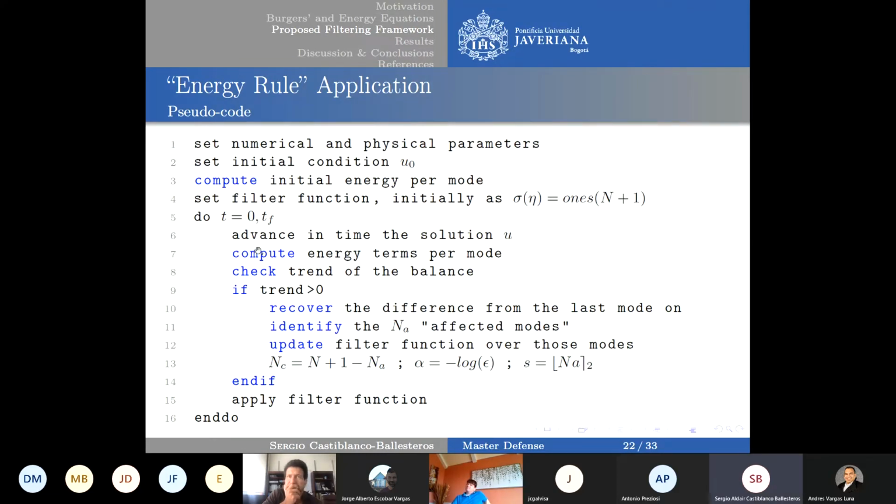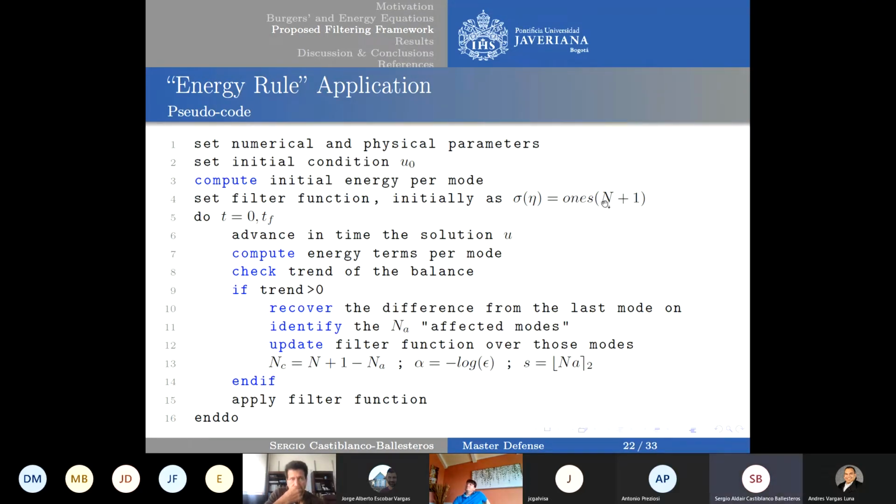So we set the numerical and physical parameters, then we set an initial condition U sub 0. We then compute the initial energy per mode. We set a filter function initially as all ones, which when applied to the solution doesn't change anything because it's just ones. We enter into a time loop.